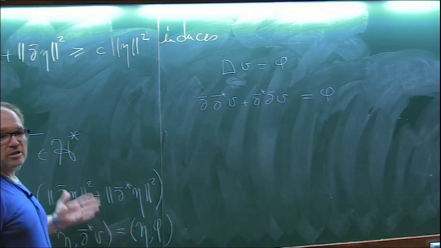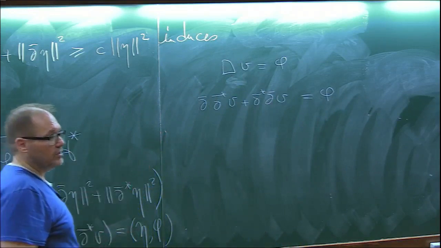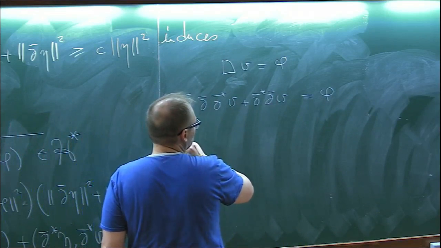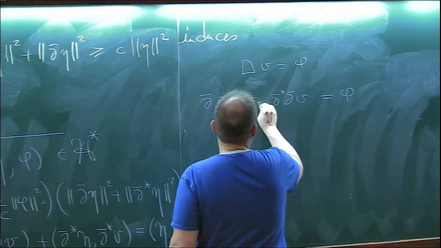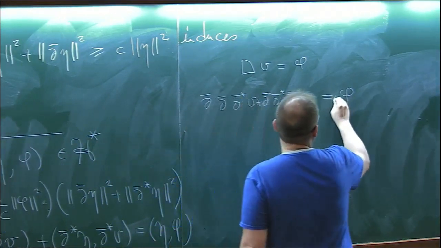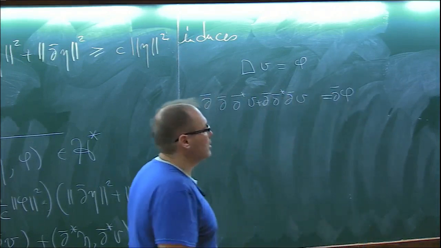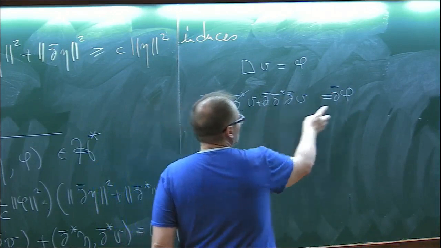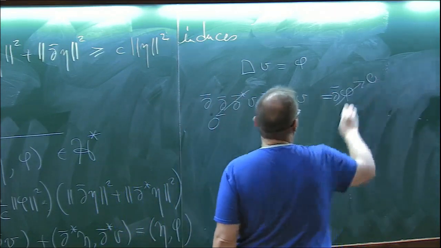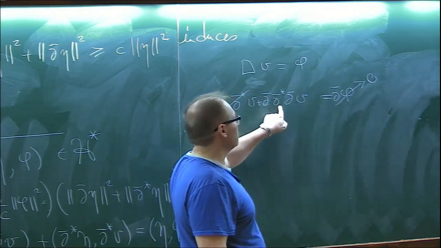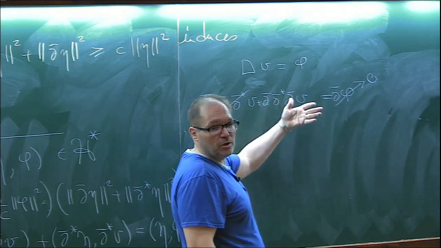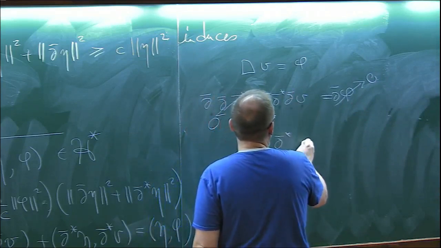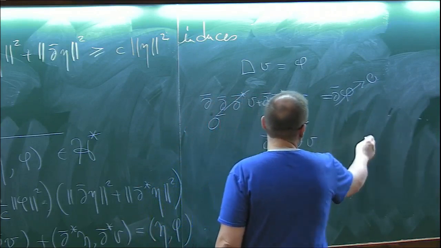And now I can apply d bar to everything if this smoothness really holds. Right. Okay, but this term has d bar squared, so that's 0. And this is closed by hypothesis, so that's 0. So that means that d bar d bar star d bar V is 0.